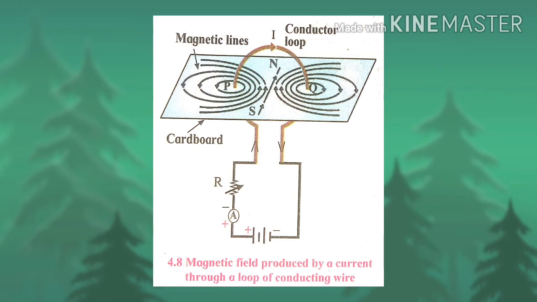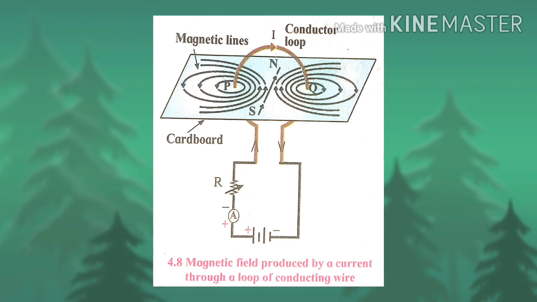As we go toward the center of the loop, the circle becomes so big that its arc can be shown as a straight line. The magnetic lines of force are shown near the point P and Q only. However, they will be created near each point on the loop. Likewise, each point will produce magnetic field at the center of the loop.